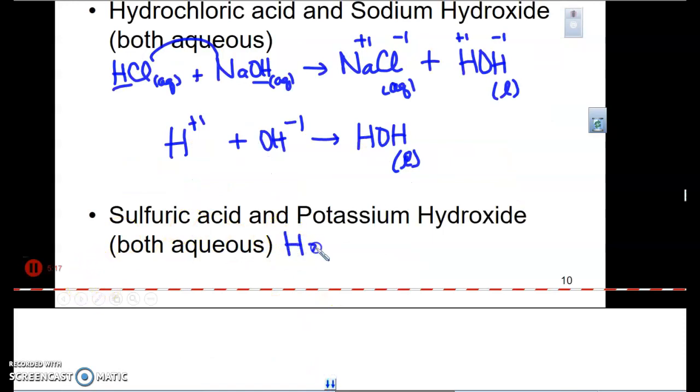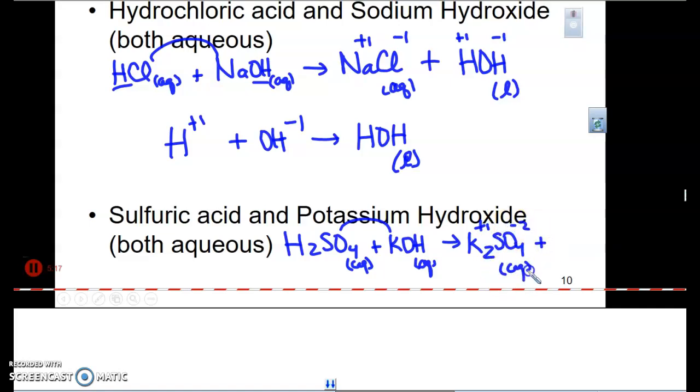Sulfuric acid, H2SO4, aqueous. Potassium hydroxide. Partner switch, K is going to go with SO4. That's going to be K2SO4. That is going to be aqueous. Plus we're going to have hydrogen go with hydroxide. And that will be liquid. Again, the net ionic is going to be hydrogen plus hydroxide makes water.